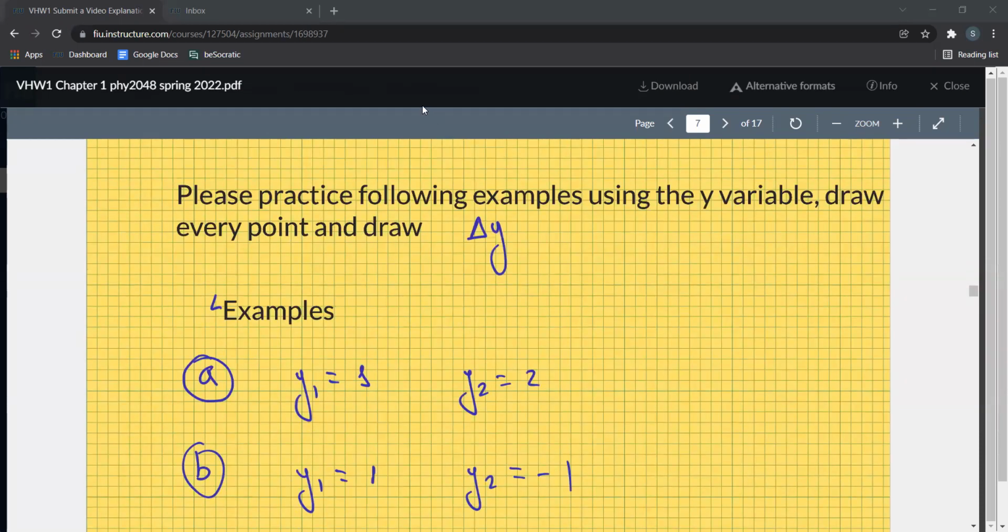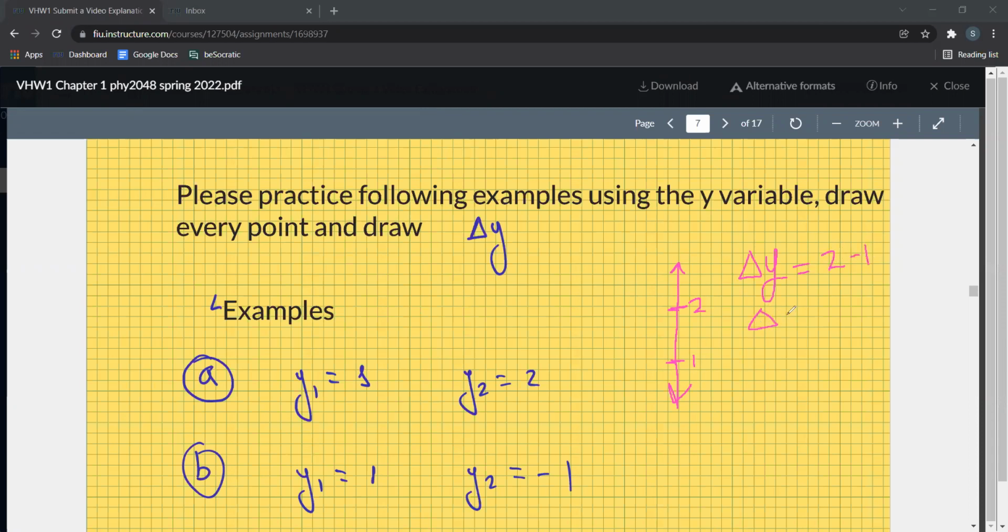I'm going to draw these a bit differently than our x ones. I'm going to use like a y-axis, right? So let's say we do this, right? So we have our y1, which let's say is right here, and our y2 is right here. They're 1 and 2 respectively. So our change in y is equal to 2 minus 1.